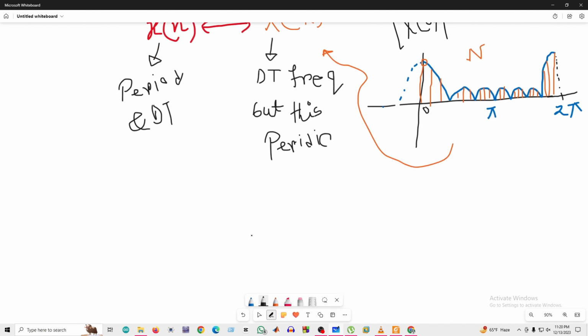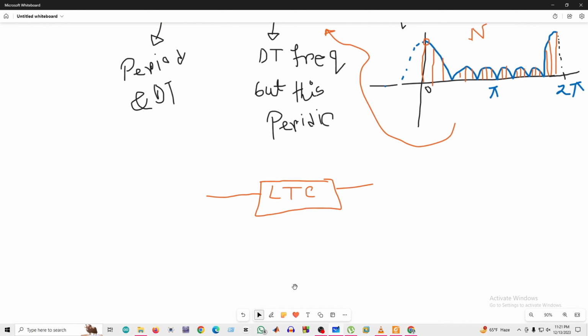So now let's consider you have an LTIC system. You decided, okay, fine, I want to give the input x of n, right? But remember that now your x of n is periodic and discrete.